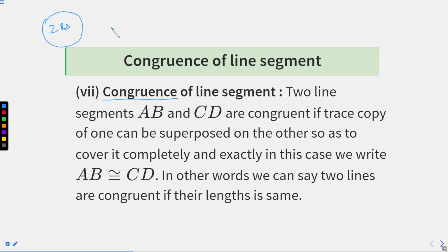coin and another 2 rupee coin. Let's say this is coin number 1, this is coin number 2. If I put coin 2 on top of coin 1, then coin 1 will not be visible, only coin 2, because coin 2 will completely cover the first coin.